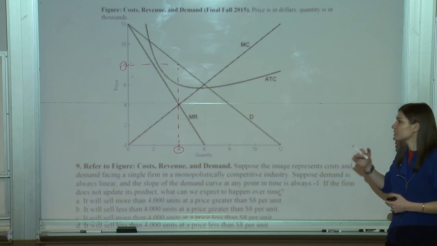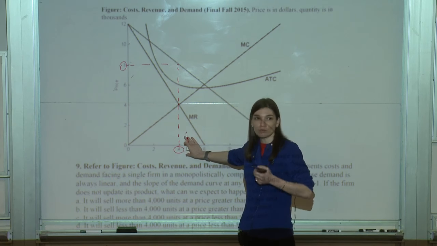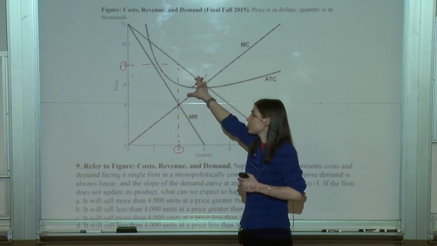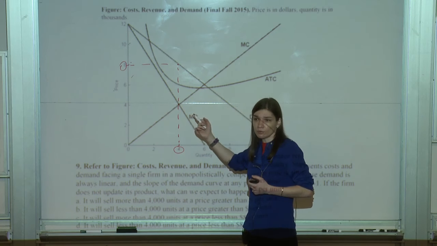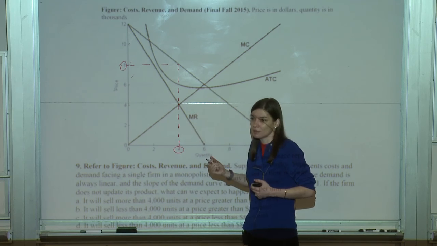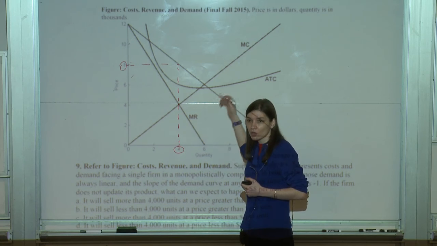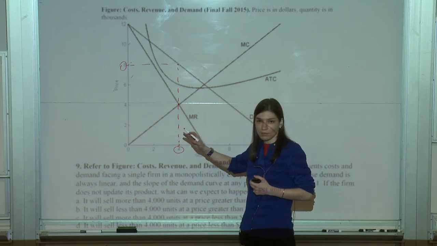Monopolistic competition is allowed to be a monopolist in the short run because they have a differentiated product. So for their individual product, they're facing this demand. However, if more firms enter, they're going to take away some of the customers of that firm. That causes a decrease in demand, which means a shift in demand to the left.